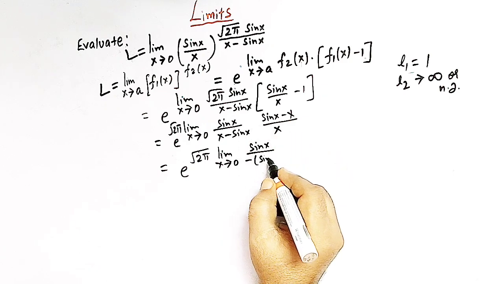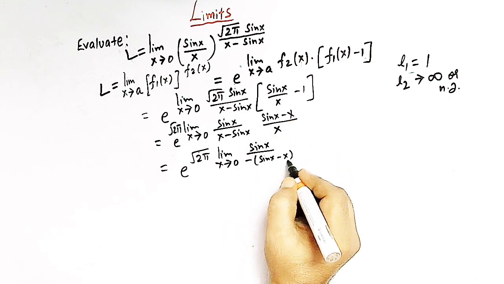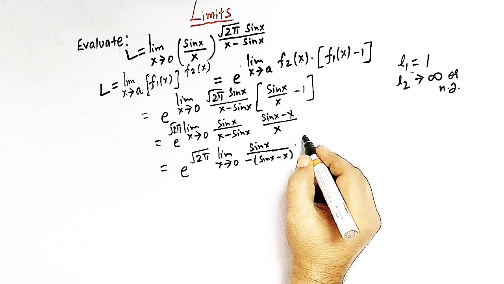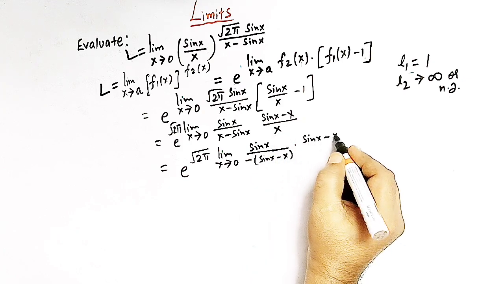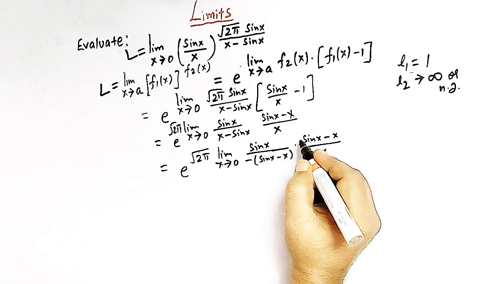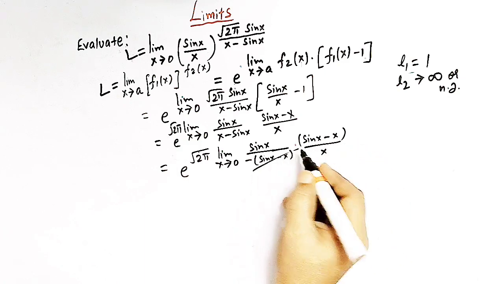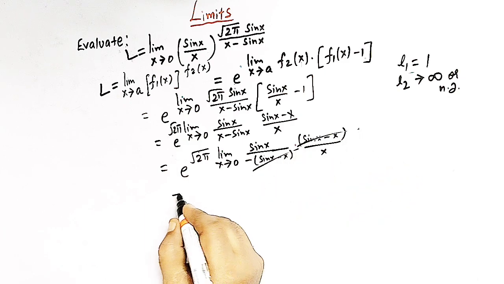So we have sine x minus x, and here we have sine x minus x divided by x. So these two terms get cancelled.